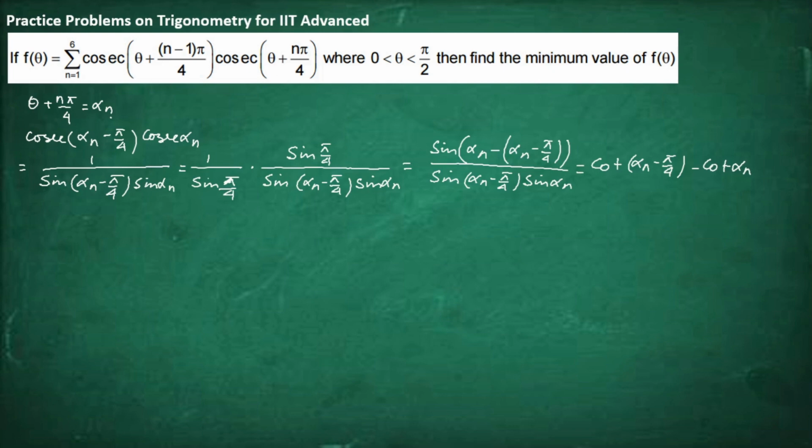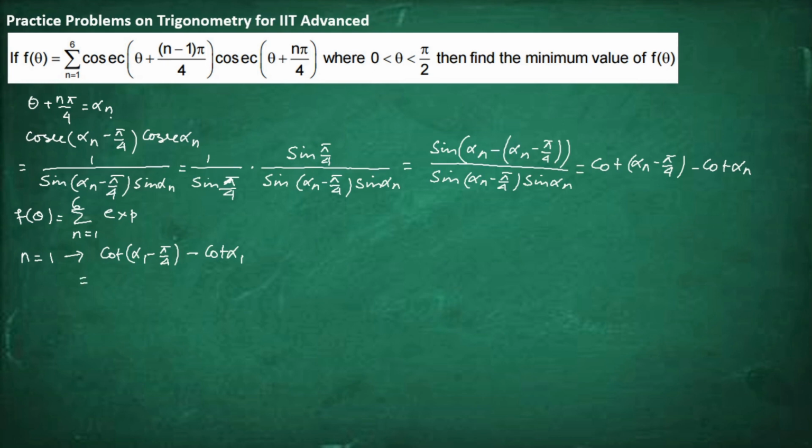Now f(theta) is basically sigma of n starts from 1 to 6, right? And the given expression is there. Now if I put n equals to 1, we are going to get cot(alpha 1 minus pi by 4) minus cot(alpha 1).